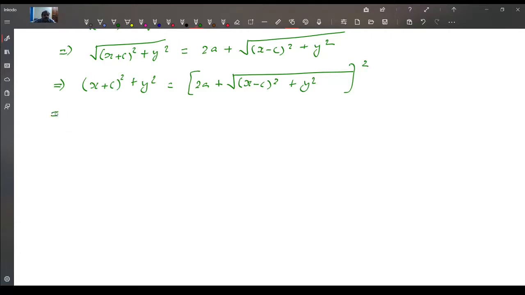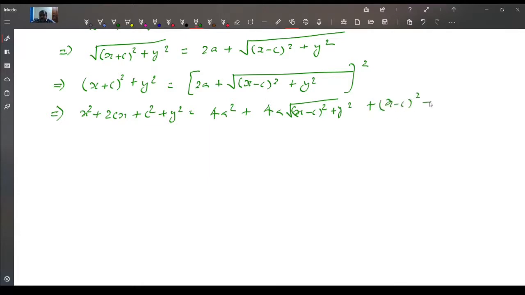So this implies x square plus 2cx plus c square plus y square is equal to 4a square plus 4a into root of (x minus c) the whole square plus y square, plus (x minus c) the whole square plus y square.